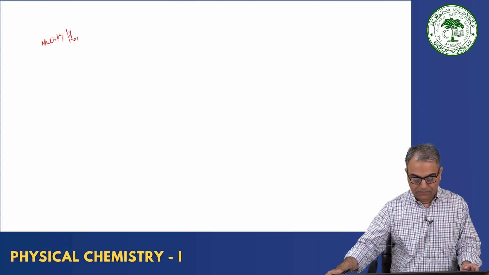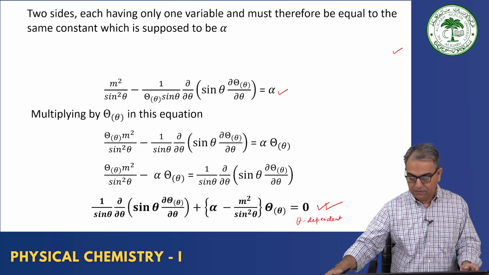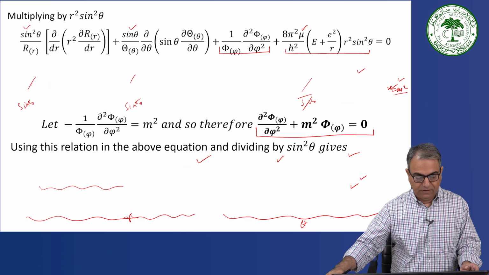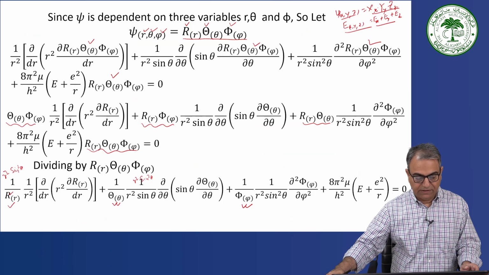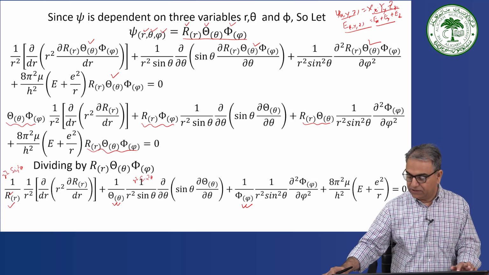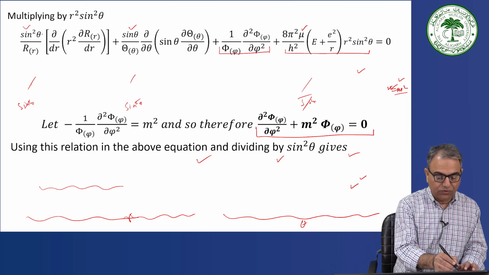Wait. Where is 1 by R square? Where has it gone? I have missed this 1 by R square, so you should write 1 by R square.